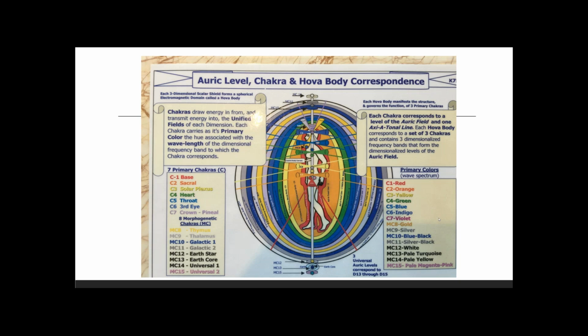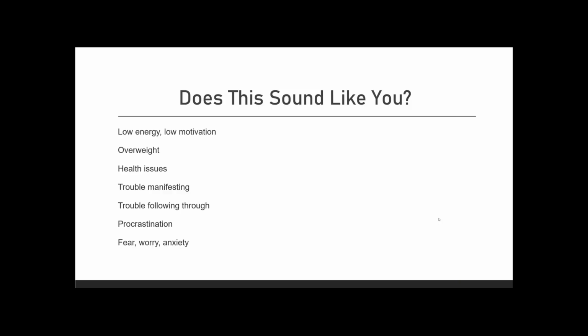Now, how do you know, like physically in your life, if you may have auric attachments? Well, these are the symptoms. Who here has noticed that you have low energy sometimes, or low motivation, or you get tired in the afternoon?